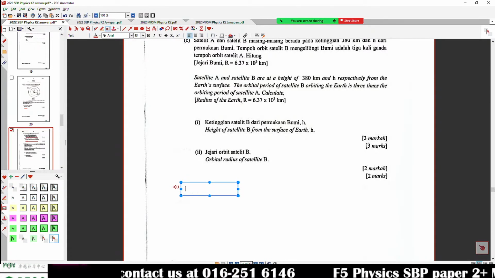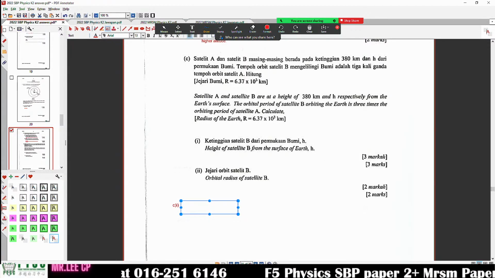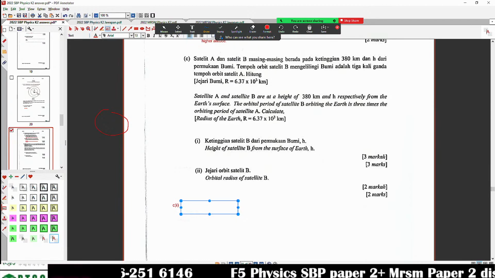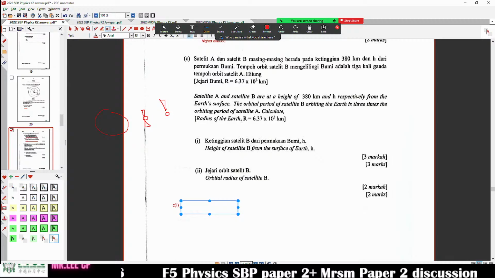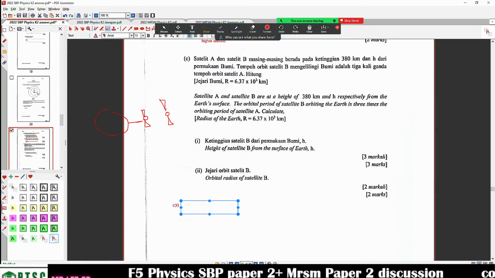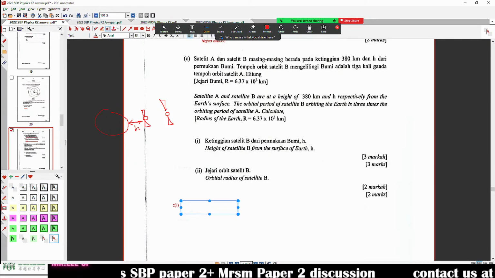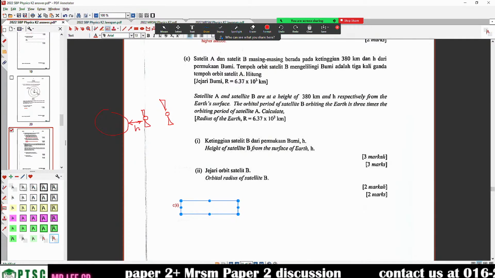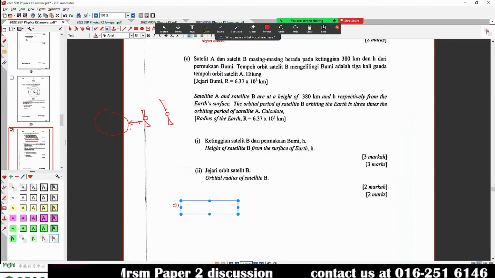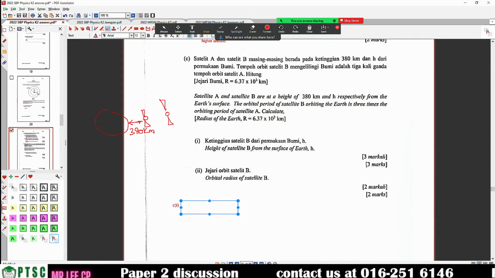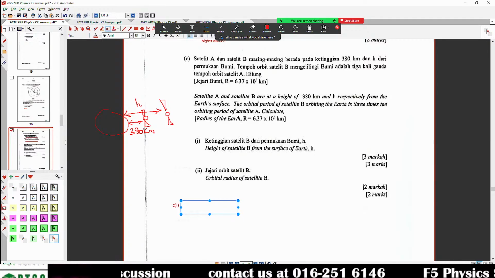Now, C1. I do it this way. We got one satellite here, and another satellite here. The distance here is h. A is at 380 km, and this one is at h, respectively.